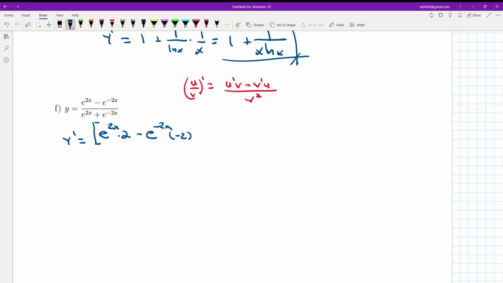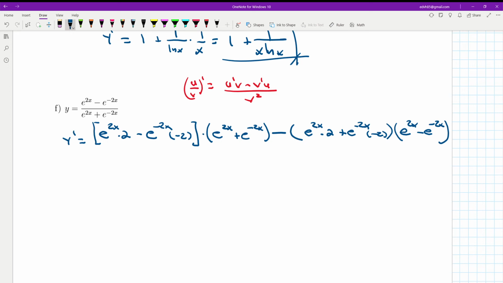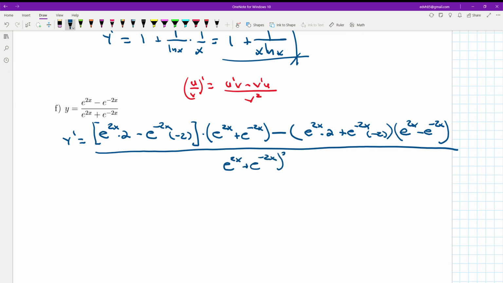That quantity times the denominator e to the 2x plus e to the negative 2x, minus the derivative of the denominator, which is e to the 2x times 2, plus e to the negative 2x times negative 2, and then that times the numerator e to the 2x minus e to the negative 2x, and the whole thing divided by e to the 2x plus e to the negative 2x quantity squared.